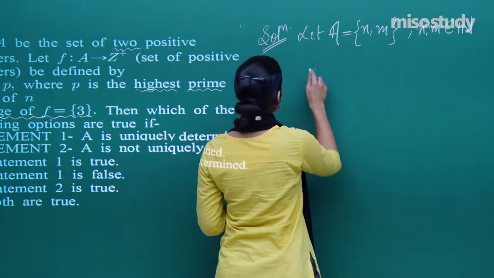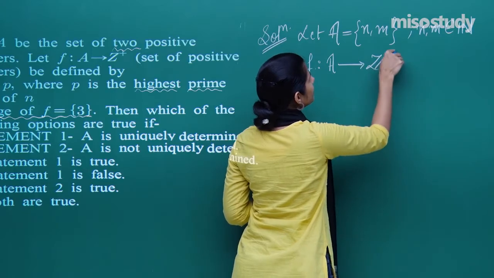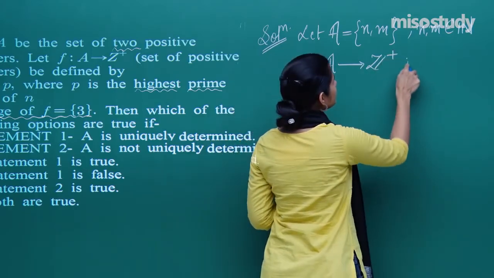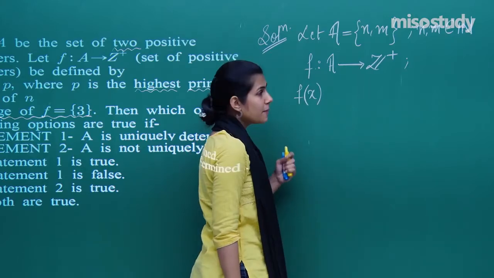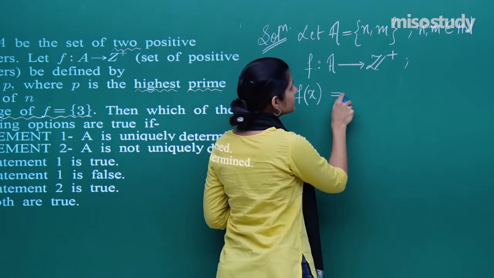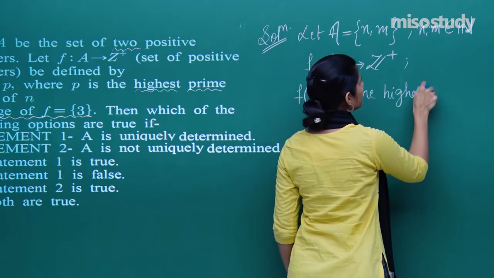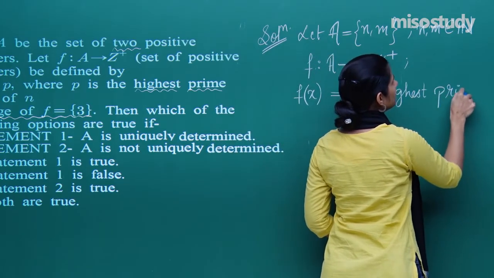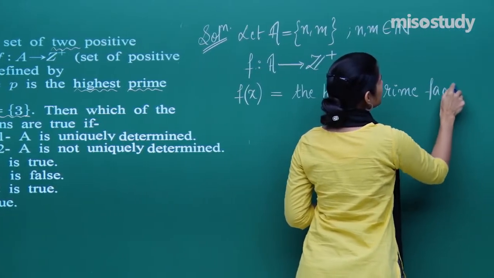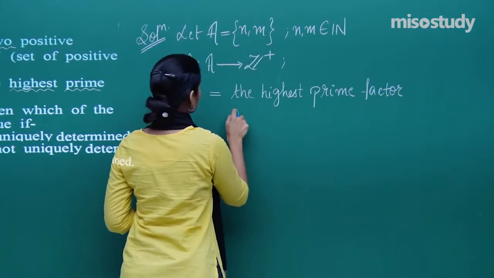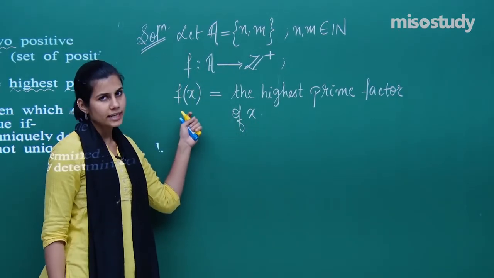And also I am given f is a map from this A to Z positive such that f, when applied to any input coming from set A, delivers the highest prime factor of n, or of x in this case, because x I am using as input.